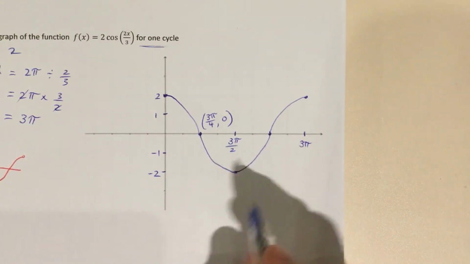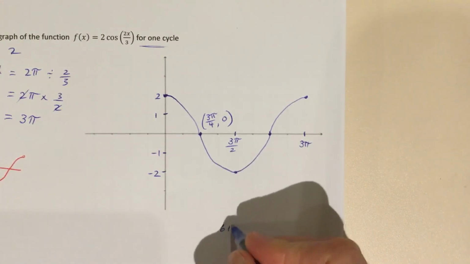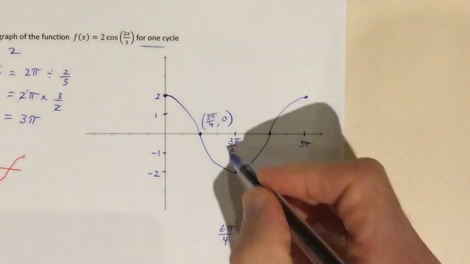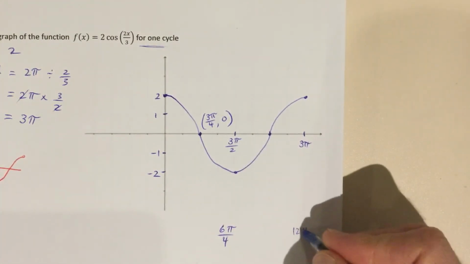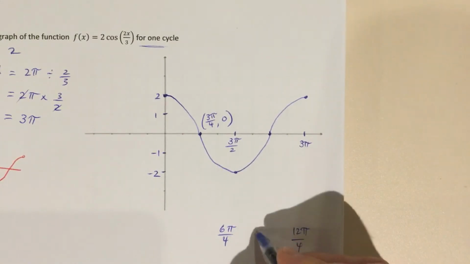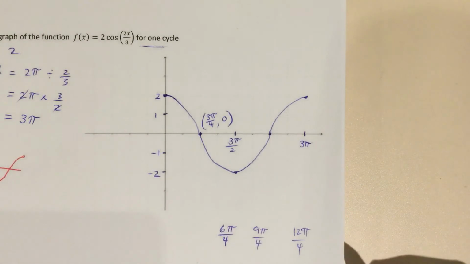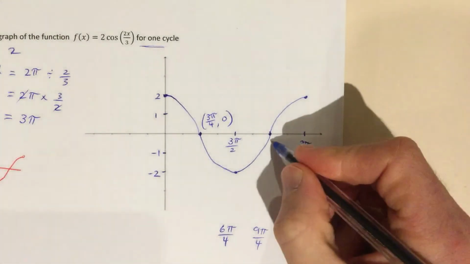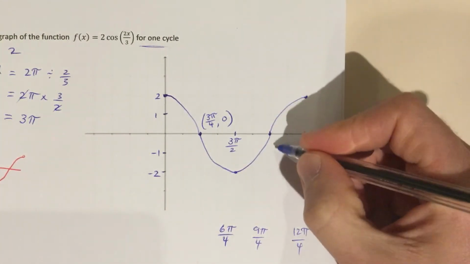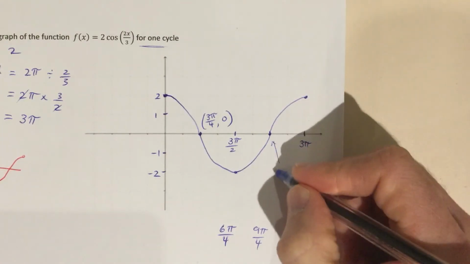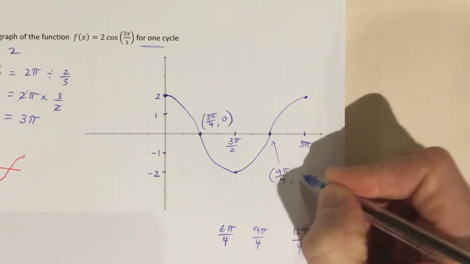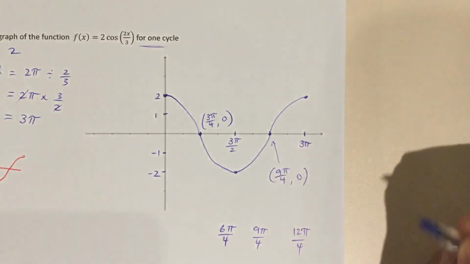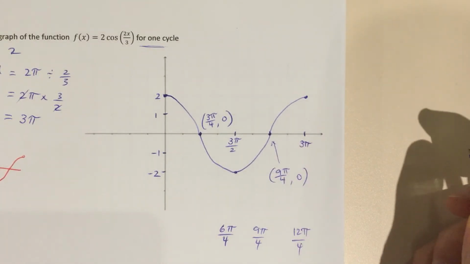Couple of ways you can tackle that, but that value there was 6 pi on 4, 3 pi would really be 12 pi on 4, so halfway between those two would have to be 9 pi on 4. And so that gives us, I'll just get lazy and label it like that because I haven't got much space, 9 pi on 4 as the second x-intercept.